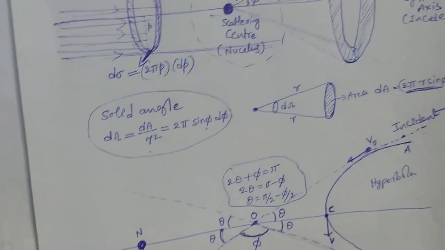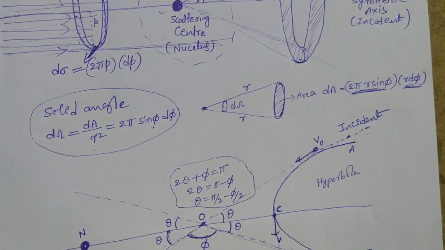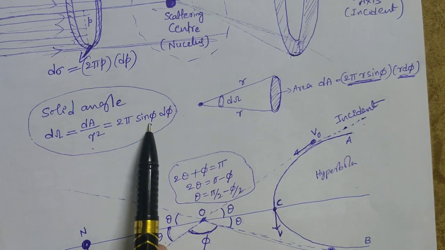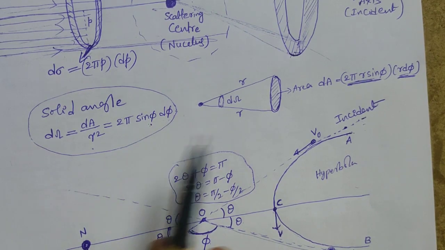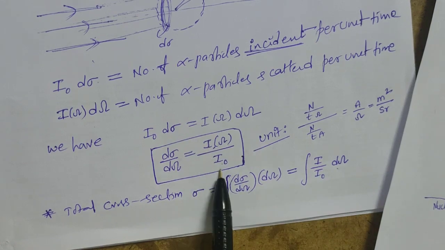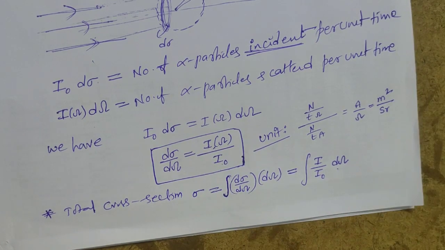As the problem is a central force problem, this can be written as dA by r squared, that is 2π sin φ dφ. So we already know the expression for this I by I naught. Okay, fine. I hope it is clear.